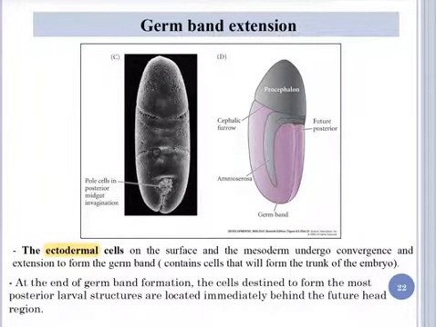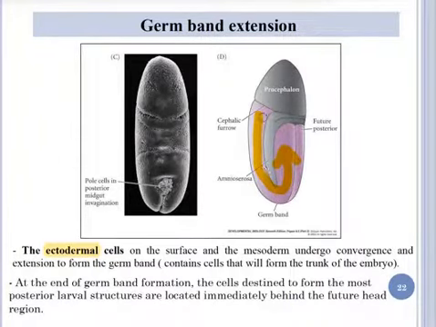Ectodermal cells are at the surface. These ectodermal cells on the surface will undergo a movement, and this movement is called extension, a kind of extension movement in order to form a germ band.